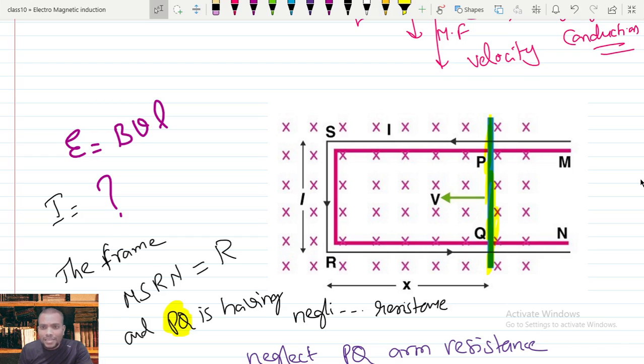Because these two forces are acting opposite in direction, there is power loss. So that power loss comes out in the form of heat.